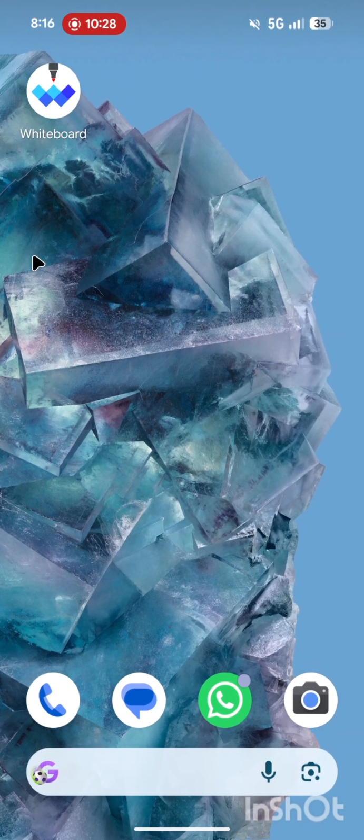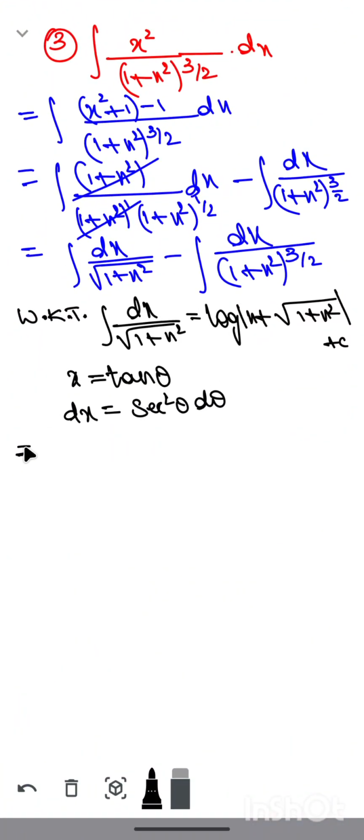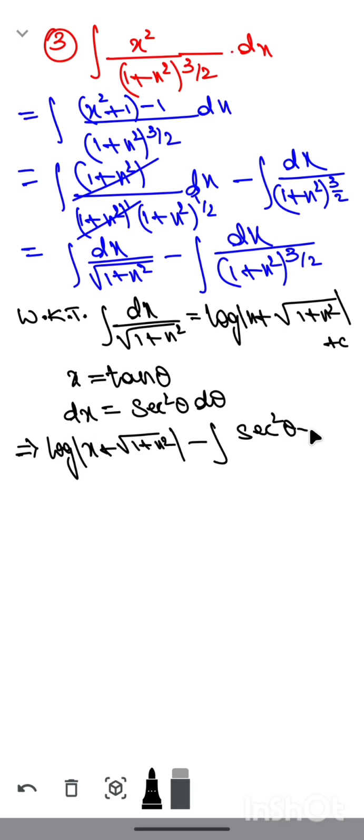So this implies that the integral is log of modulus of x plus root of 1 plus x square, followed by the minus sign as it is, integration of, substituting the value, dx which is secant square theta d theta, whole divided by (1 plus tan square theta) whole to the power 3 by 2. Let us simplify.